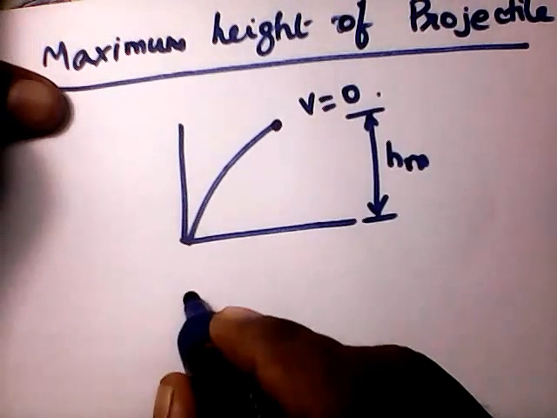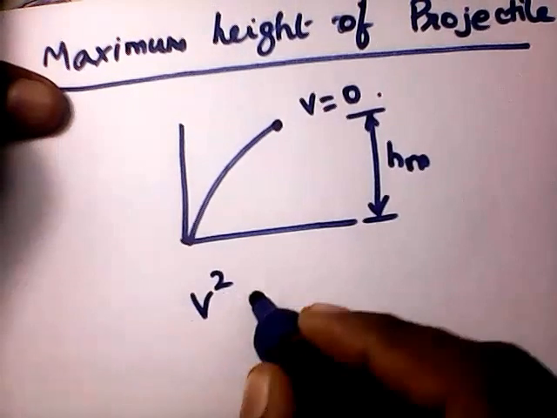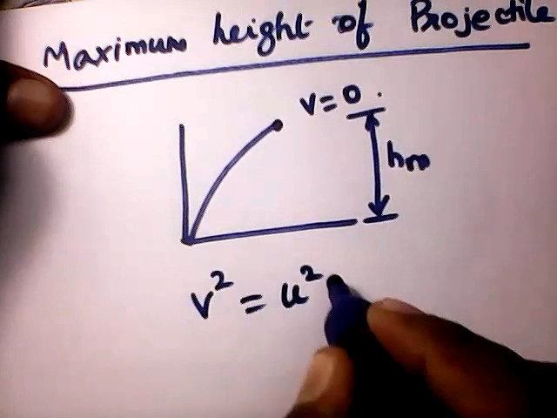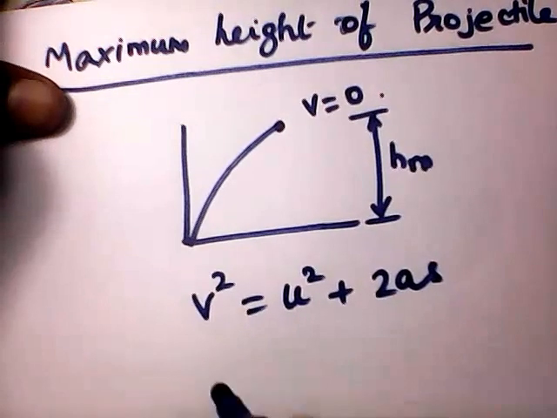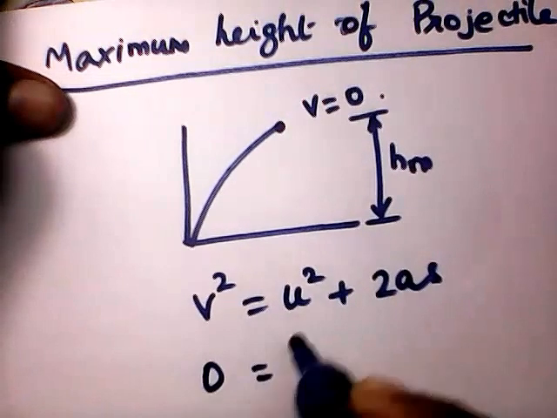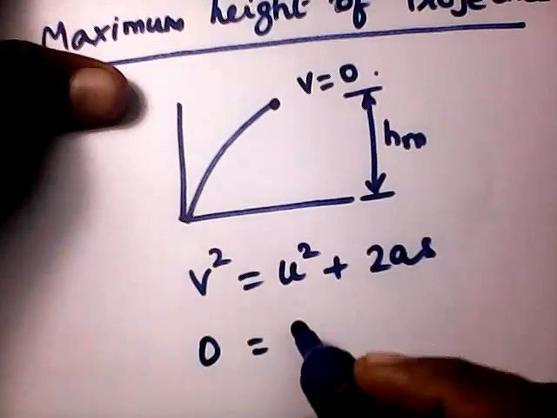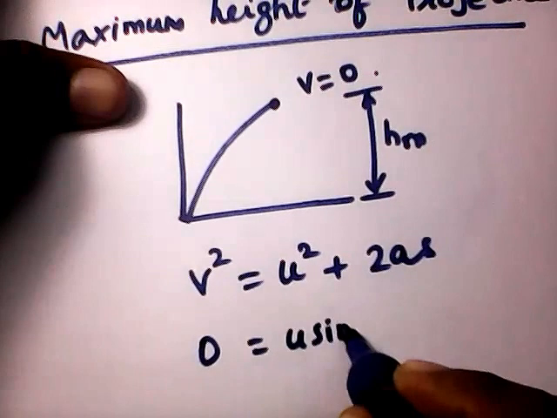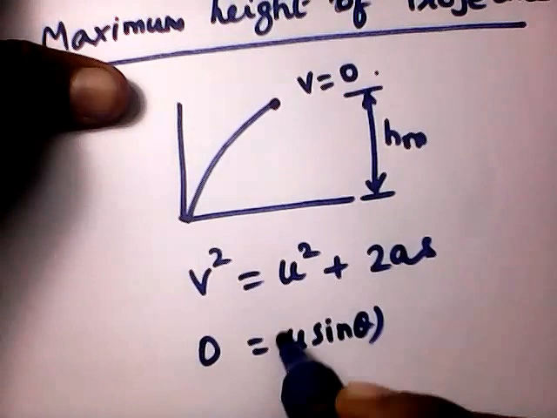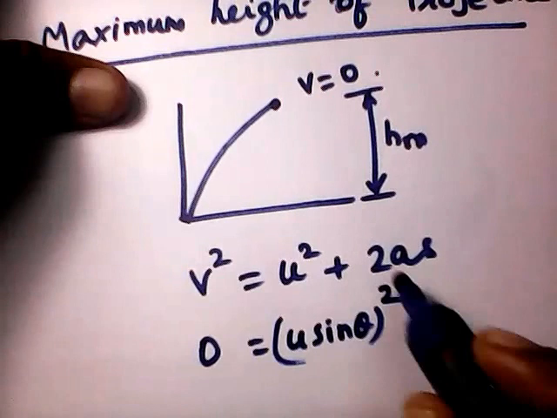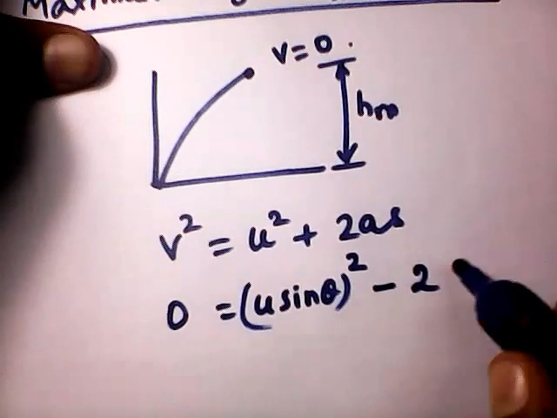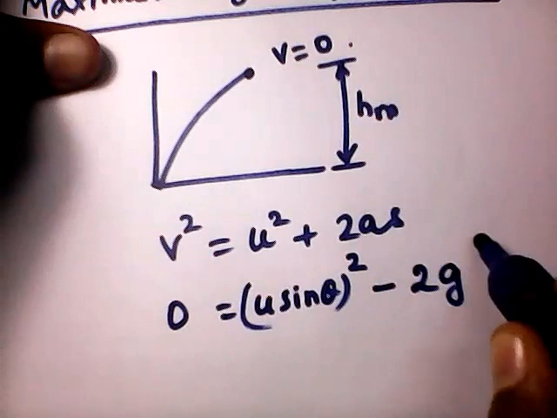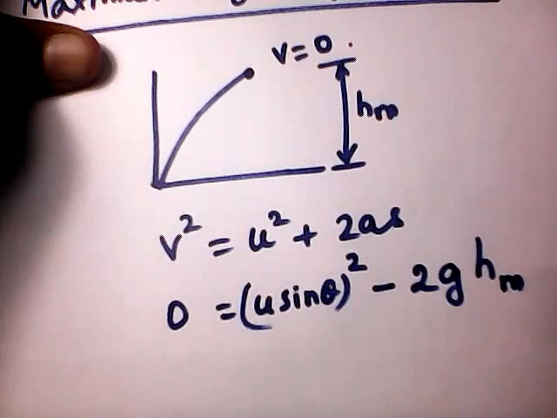We know the general equation v square is equal to u square plus 2as. Here the final velocity becomes 0, and u sin theta is responsible for maximum height, and since it goes against gravity, it becomes minus 2 into g into hm.